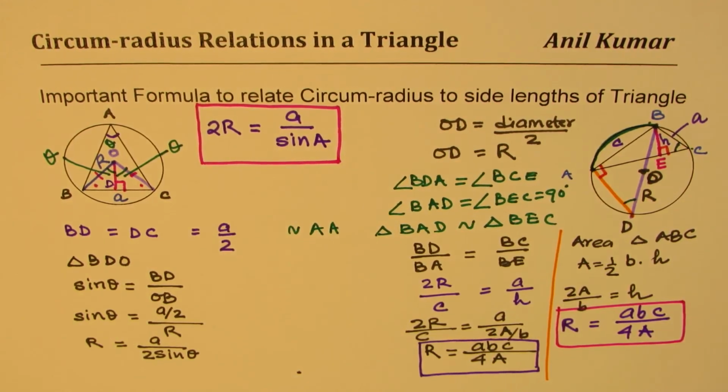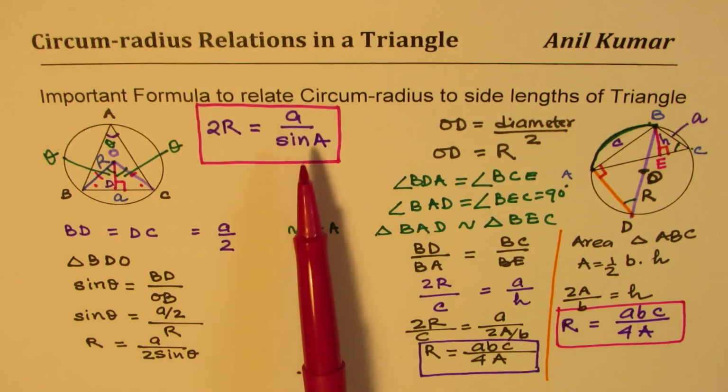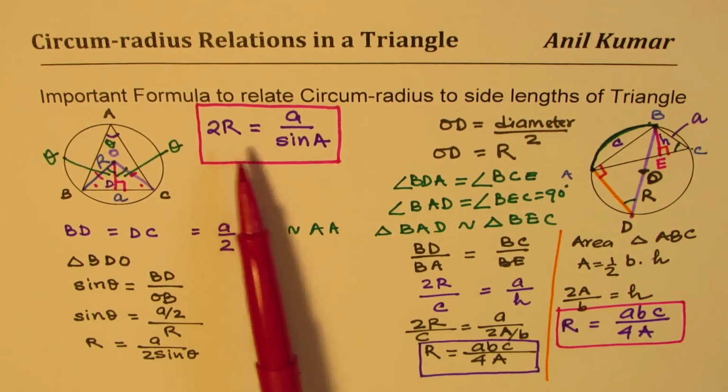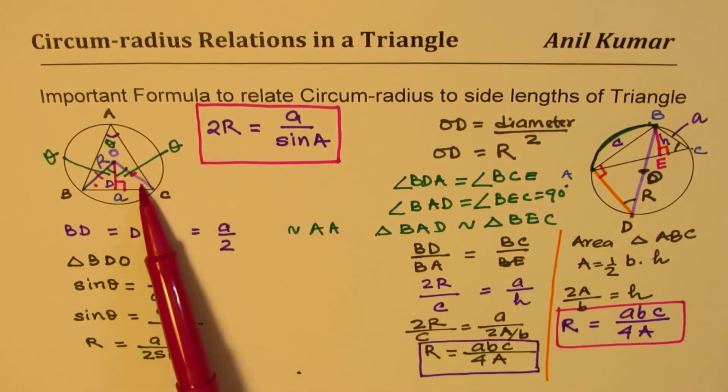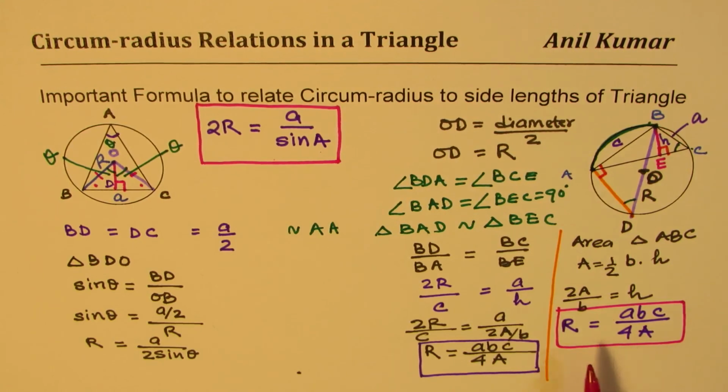So I hope the derivation is absolutely clear and it's easy to remember that twice the radius is a over sine A. That is a sine law kind of portion, right? Twice the radius. So if you know angle C, it could be c over sine C. In this case, the circumradius is equal to the product of all the three sides divided by 4 times the area. Perfect. So that is how we relate them. I hope you find them useful.